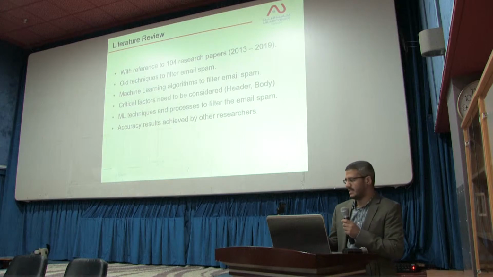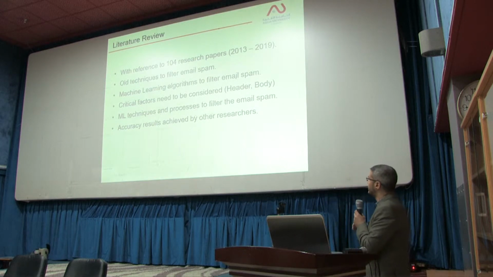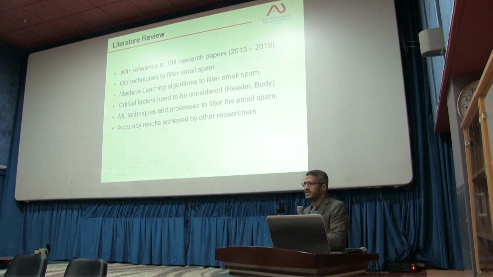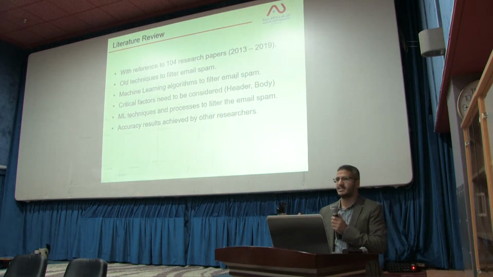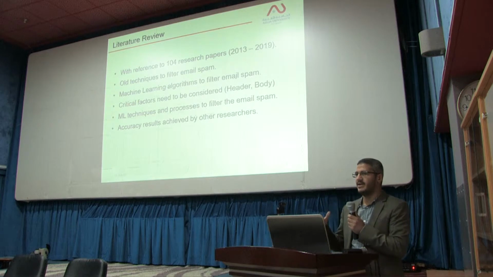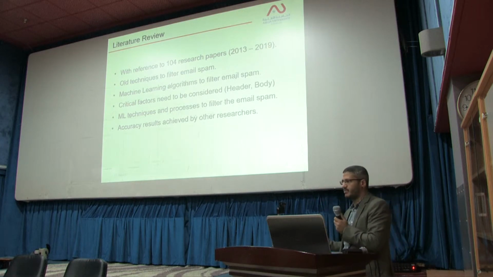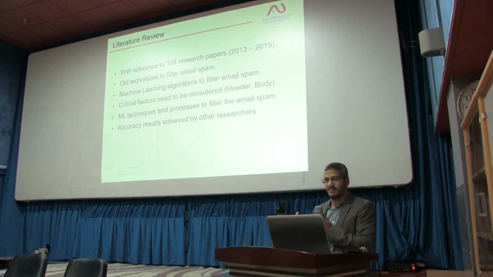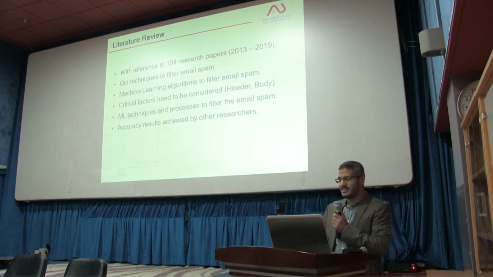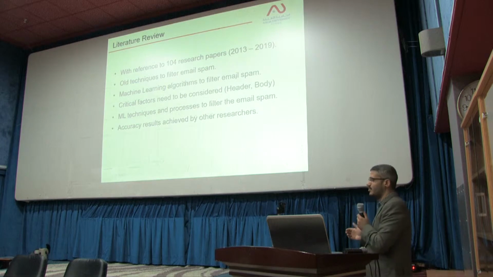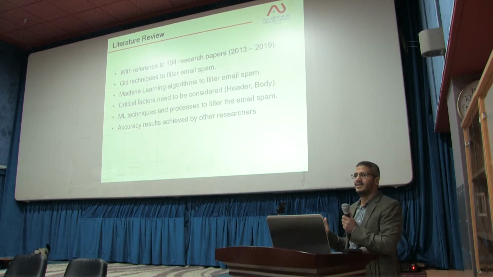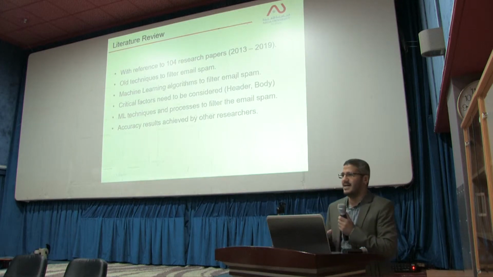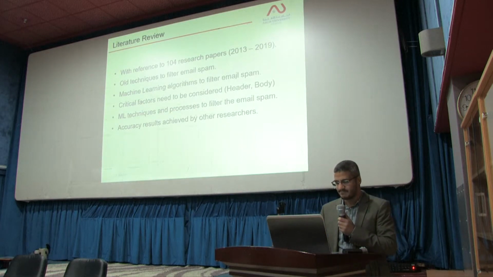There are a lot of machine learning techniques and processes to filter the email spam. For example, in feature extraction, there is TF-IDF, term frequency, and in feature selection, we have, for example, chi-square, mutual information, and information gain.